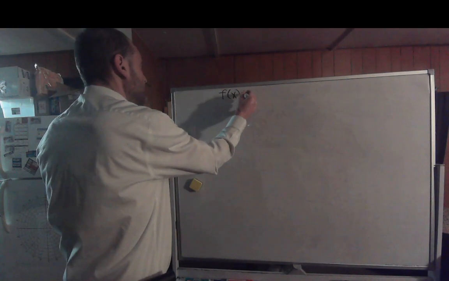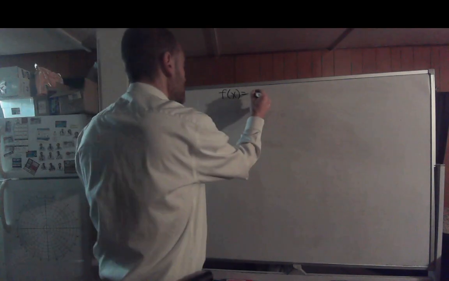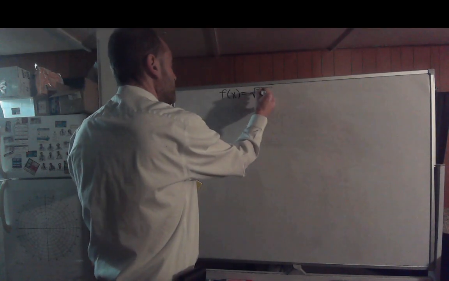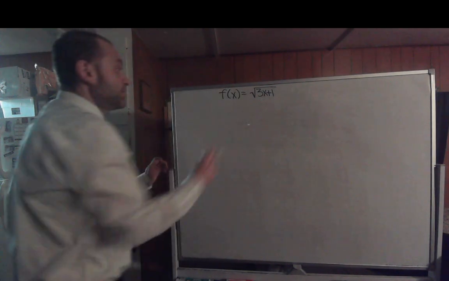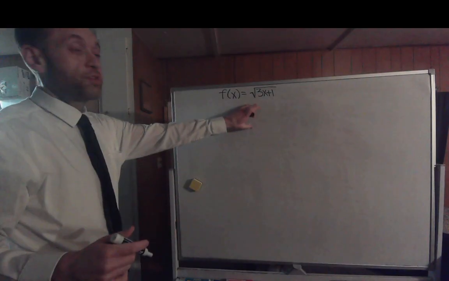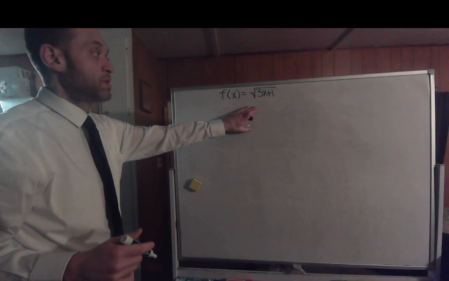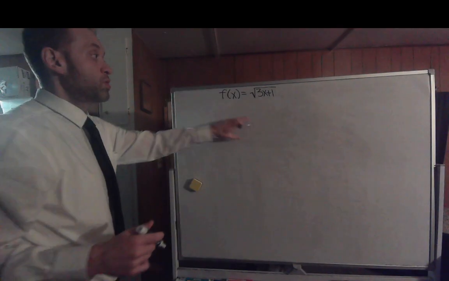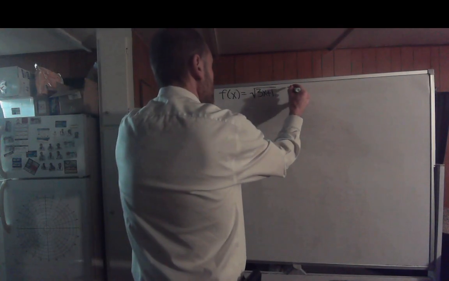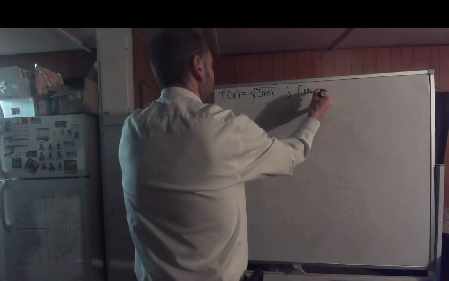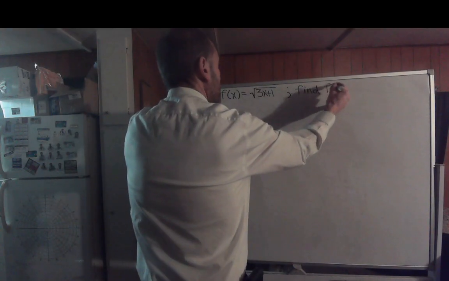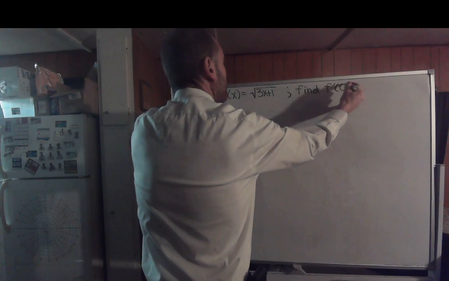f of x equals the square root of 3x plus 1. We're going to find f prime of 0.